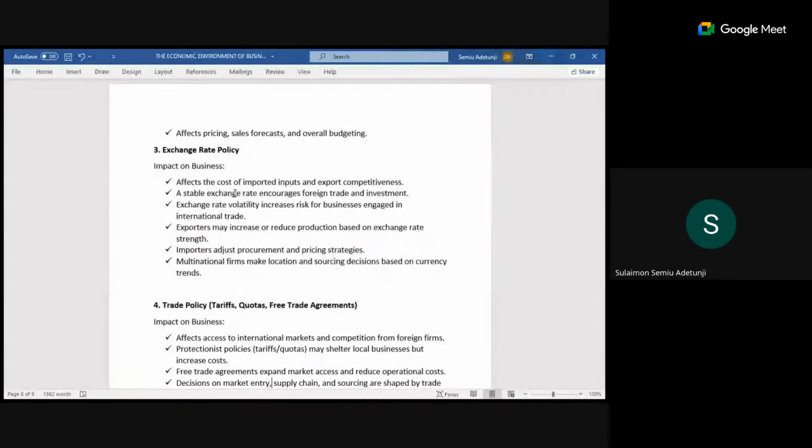Exporters may increase or reduce production based on exchange rate strength. Importers adjust procurement and price strategies.